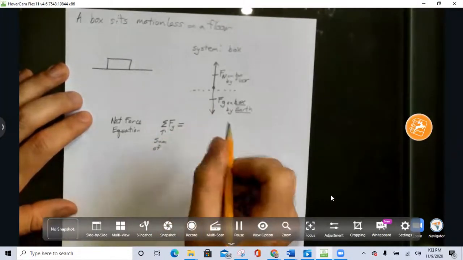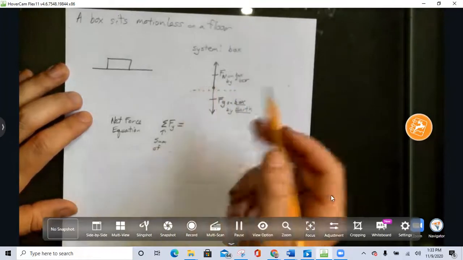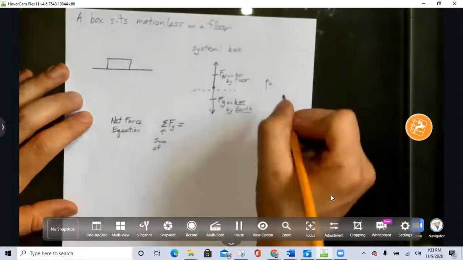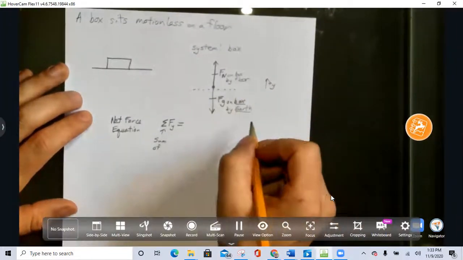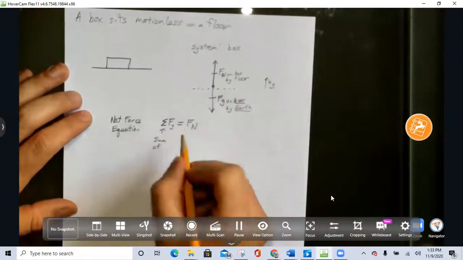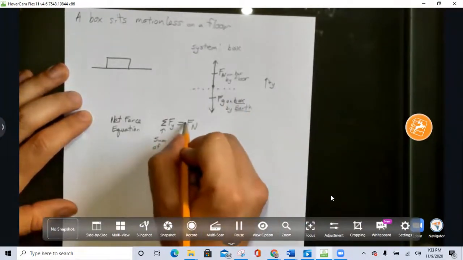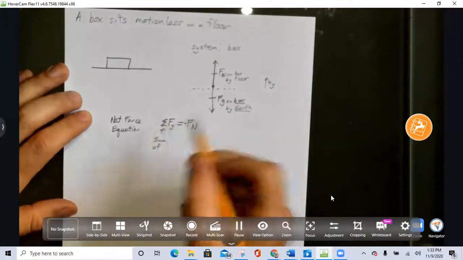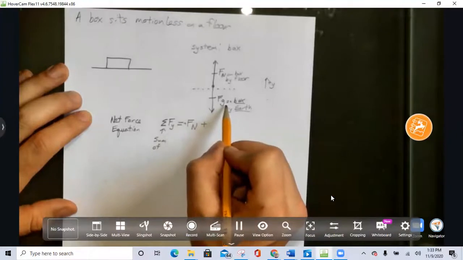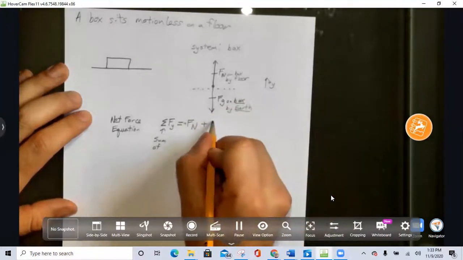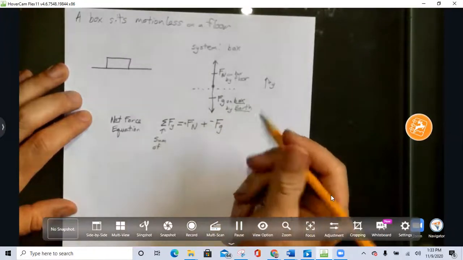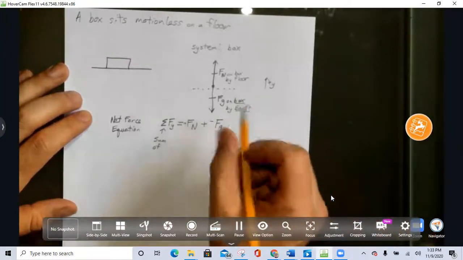And all the forces in the y direction, I'm going to call up positive. So because of that, I'm going to make my normal force the positive force. Since this means sum of, we're going to add the next force. However, it's in the opposite direction. So I'm going to call it a negative force, just like a negative acceleration.